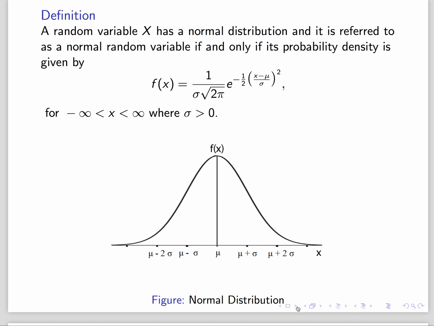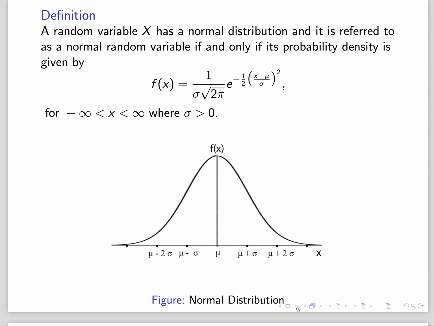Many natural phenomena correspond to a continuous random variable which is perfectly bell shaped. That means if we look into the distribution of such random variables, it will be very symmetric about the mean.